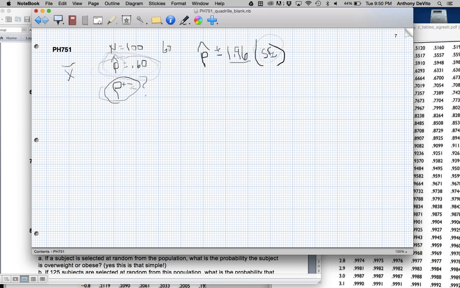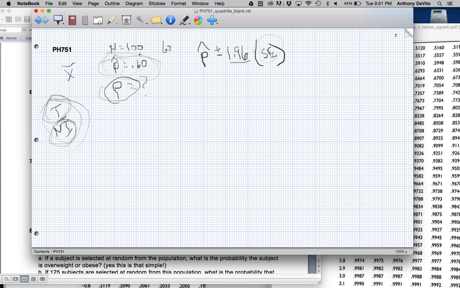When we work with a proportion, we're working with a binomial value, something that can have two values, insured or not insured, right? So in that case, we have a rule that says you have to have at least 15 people that are insured and 15 people that are not insured to make this a valid estimate of the standard error or standard deviation of the proportion.